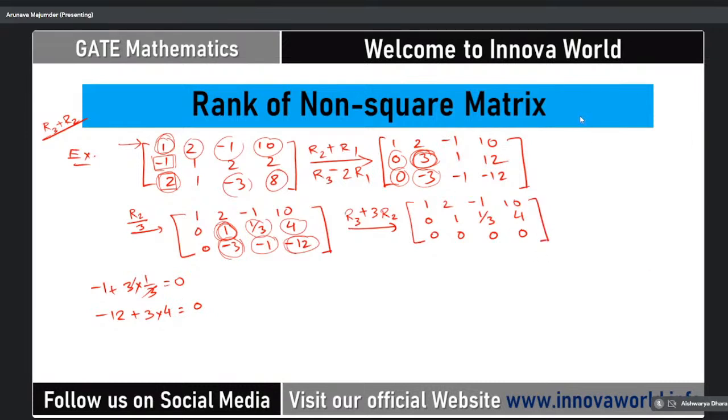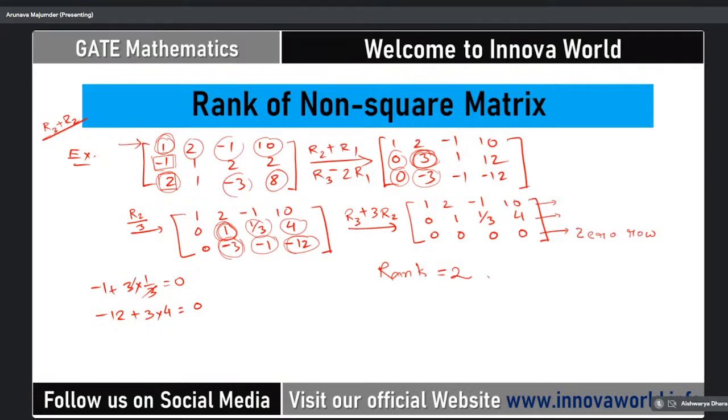Now can you tell me what is the rank of this matrix? Okay, you can see how many non-zero rows. This row is non-zero, this row is non-zero, but the third row is a 0 row, because all elements of the third row are 0 here. So what is the rank of the matrix? Rank here is equal to 2.